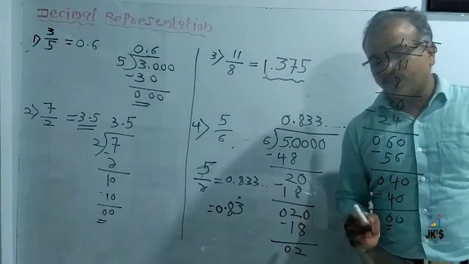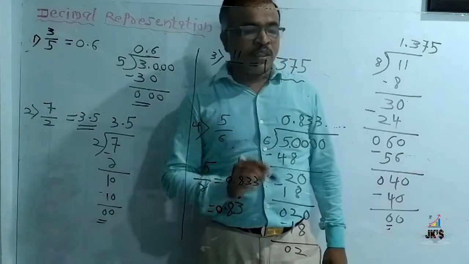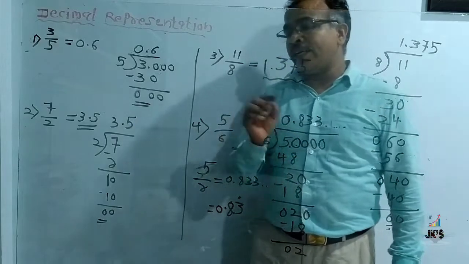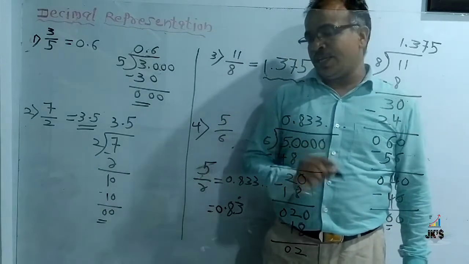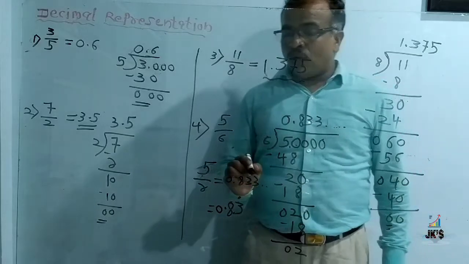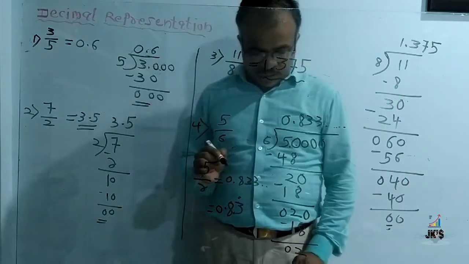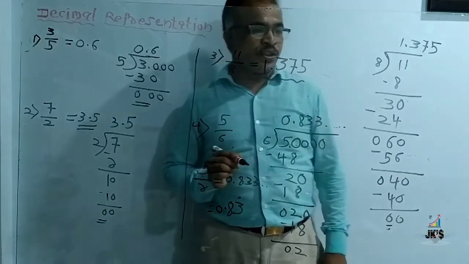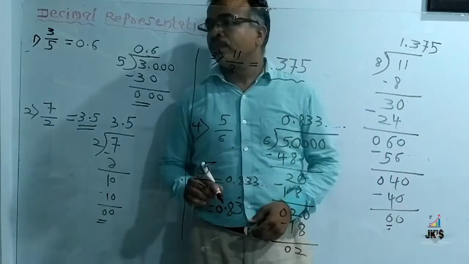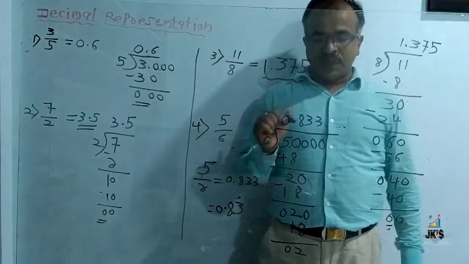But in the fourth example, the process cannot be completed and has no end. Such decimal fractions are known as recurring decimal fractions.